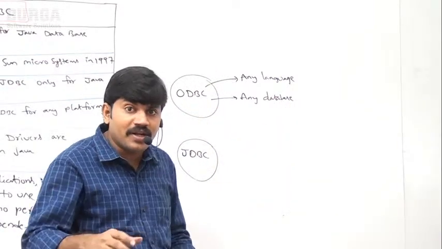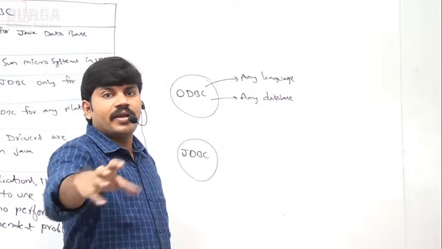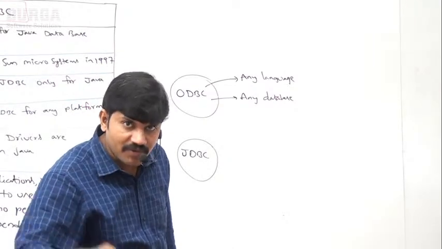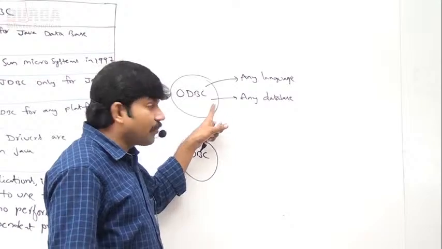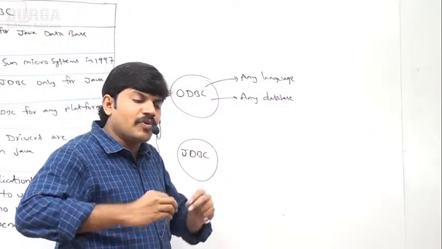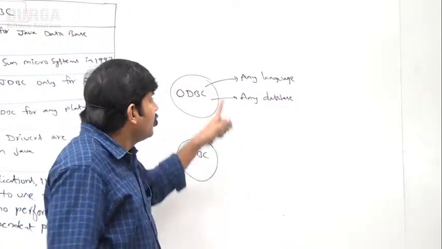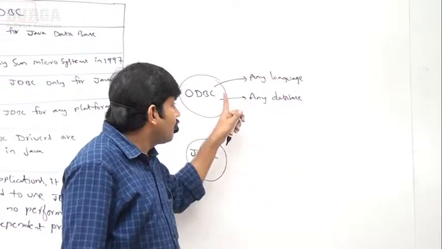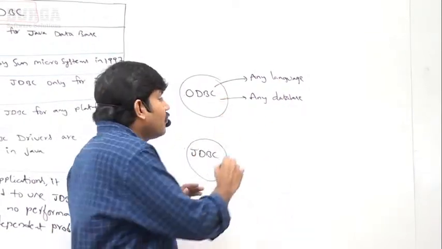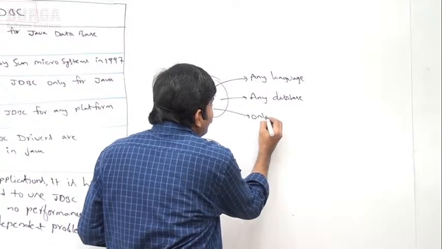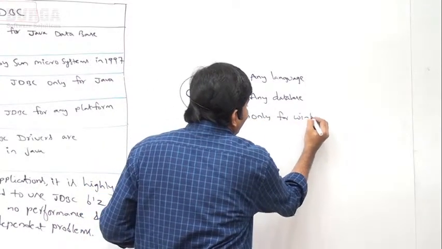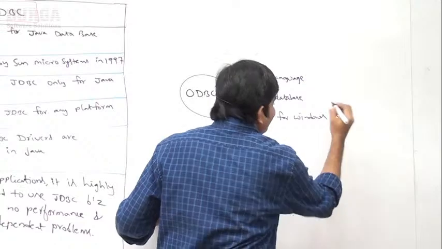Microsoft people only provided an ODBC driver for Oracle, an ODBC driver for Excel, an ODBC driver for Sybase. Microsoft provided ODBC drivers for almost all databases. For any language you can use, for any database you can use, but only for Windows machines.